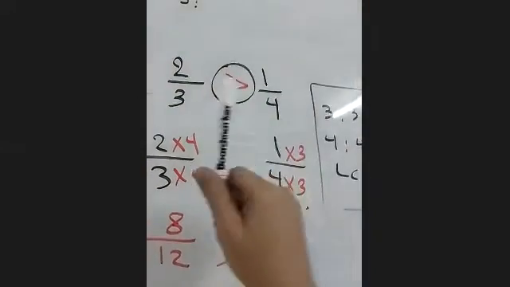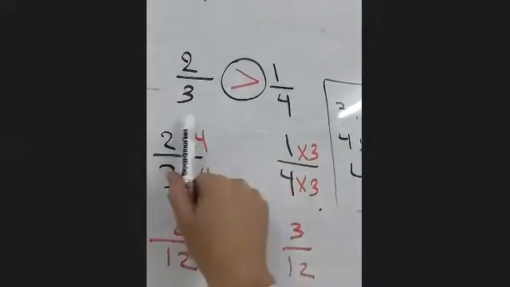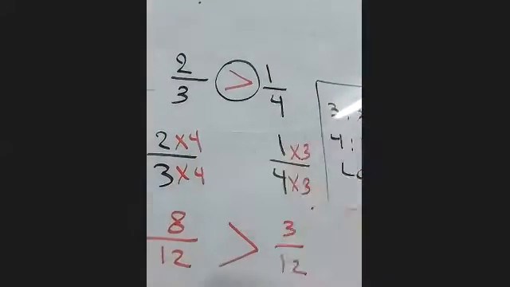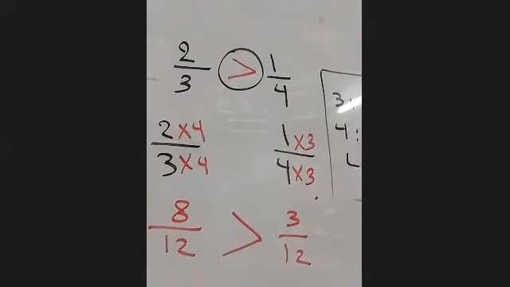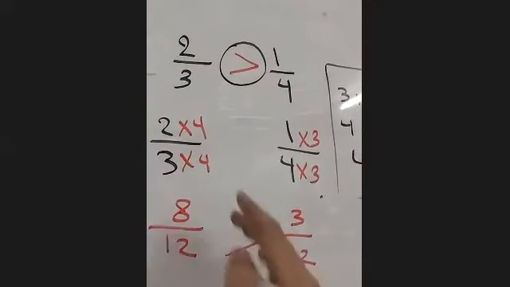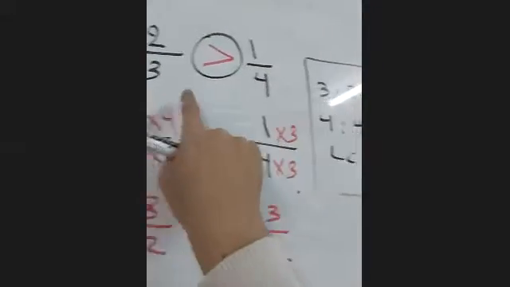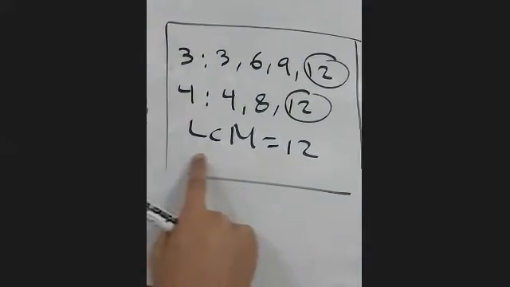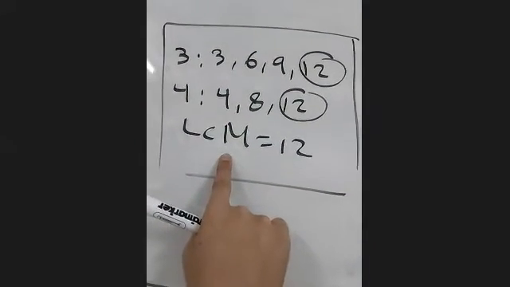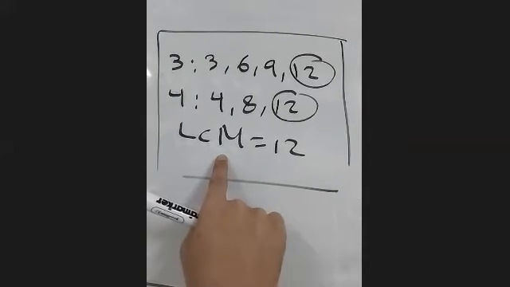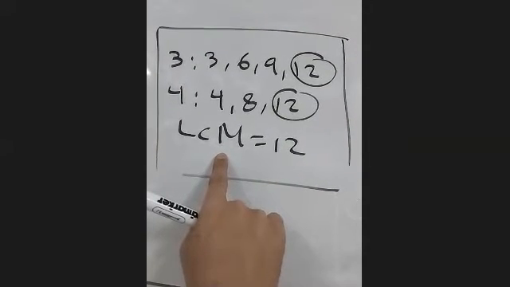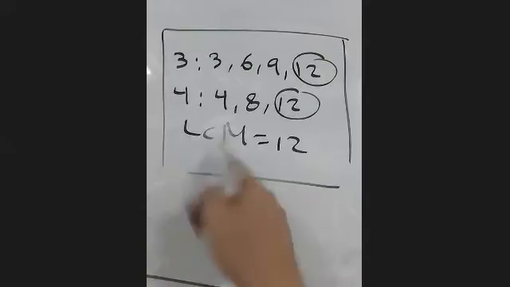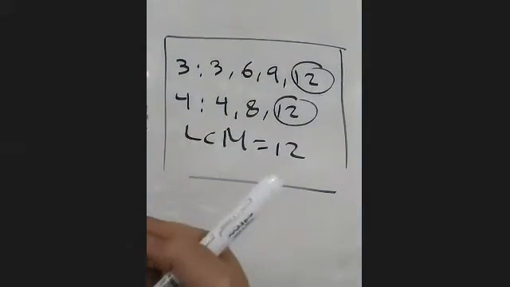Now, can I compare 3 and 4 if we have different denominators? No, we cannot. In this case, we take the denominators and find what? The LCM. Do you know how we find the least common multiple? I don't know. We took it yesterday.